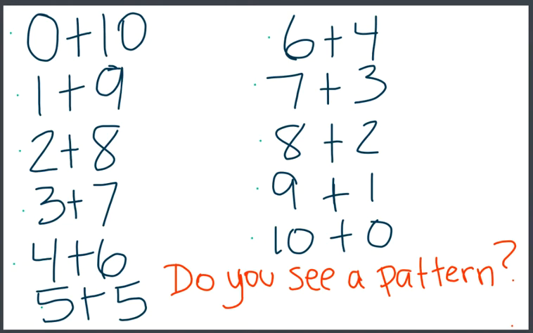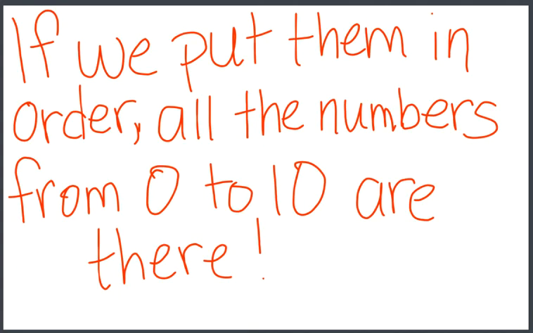Take a moment. Check out all the combinations of 10 that I just showed you on the screen. Do you see or notice a pattern? If we put them in order, all the numbers from 0 to 10 are there.